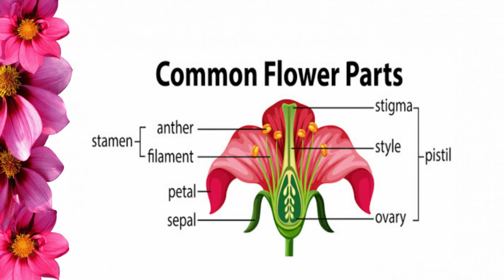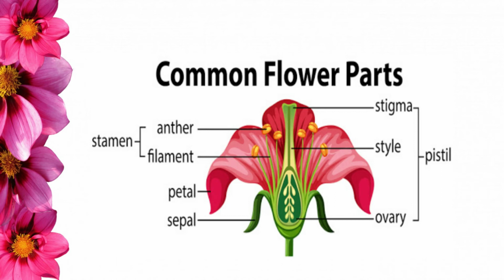Stamen is the male reproductive part and pistil is the female reproductive part. Pistil has stigma, style and ovary. Through the stigma the pollen grains enter into the ovary, and inside the ovary there are ovules. Ovules convert the pollen grains into the fruit or the seed.